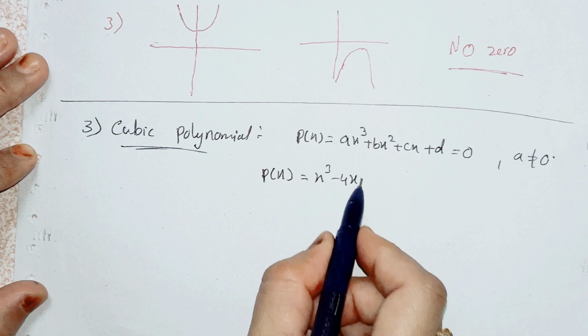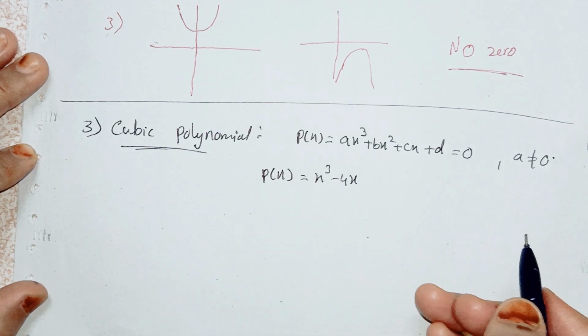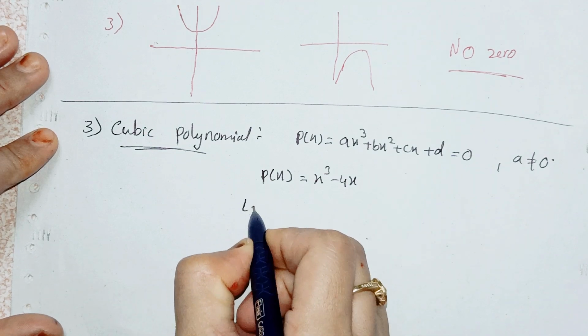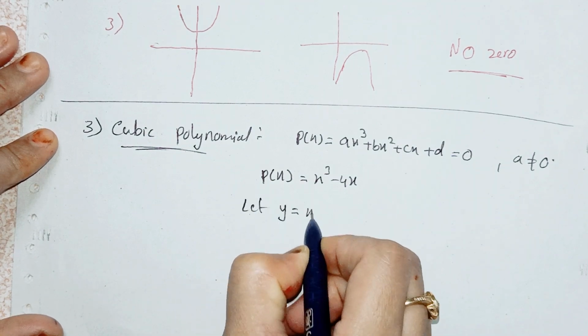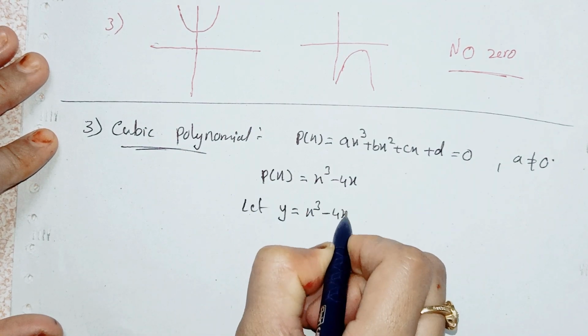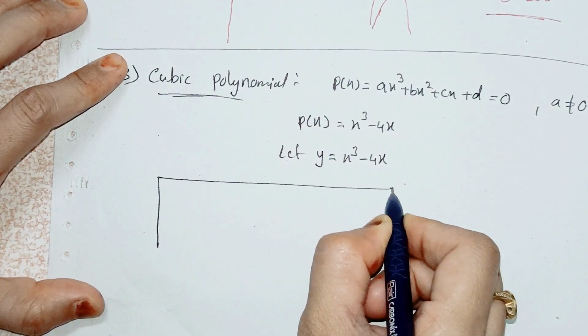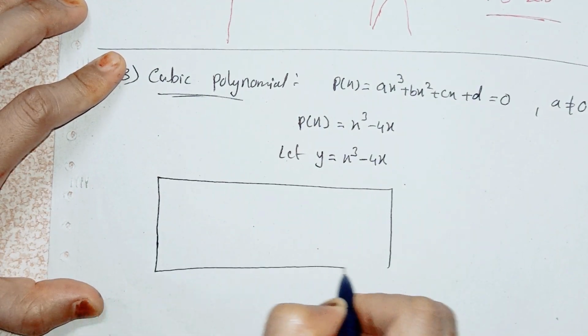Now I am going to do this on the graph. For that I need the y coordinate also. That's why I am taking let y equal to x cube minus 4x. First we'll find the coordinates of x and y.